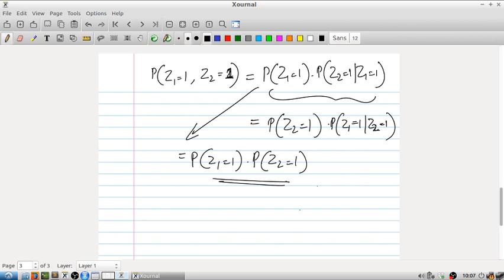And you might remember this if you've taken a stats class: two random variables are independent if the joint distribution factorizes in this way. Factorizes just means it splits into the probability of the value that the first random variable takes times the probability of the value that the second random variable takes. Okay, that's just an example of this factorization.